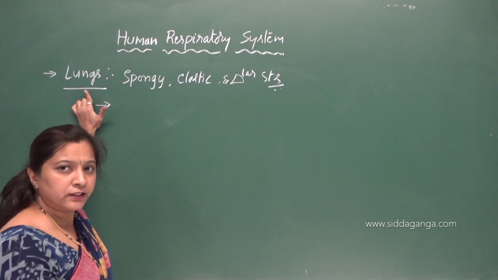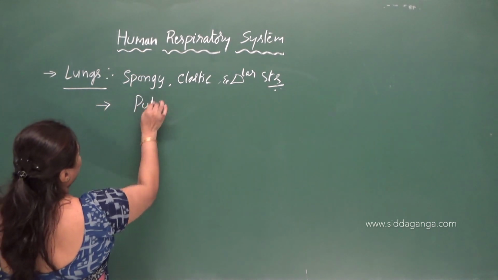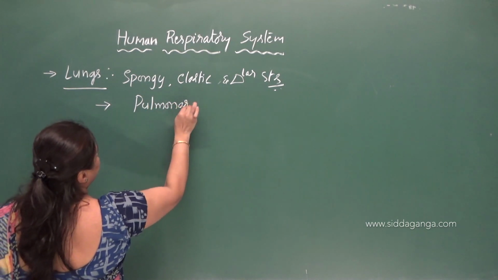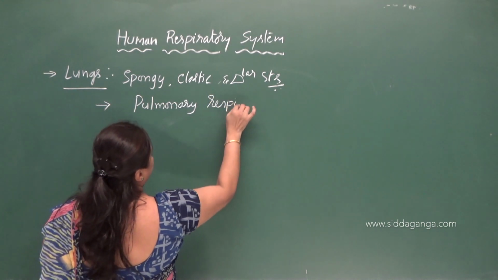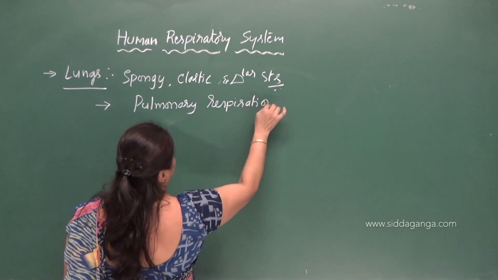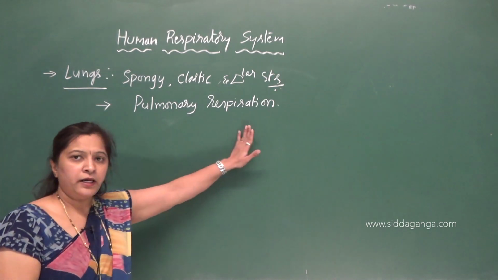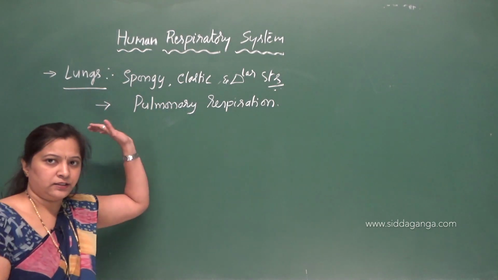Respiration which occurs with the help of lungs, the type of respiration is called as what? Pulmonary respiration. The respiration with the help of lungs is called pulmonary respiration. So in human beings, the respiration is pulmonary respiration because it occurs with the help of lungs.